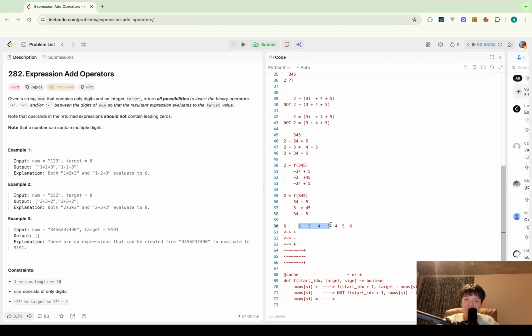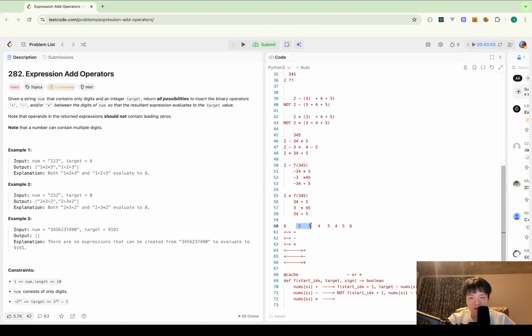So I'm wondering if it is possible that I try to find the first chunk in each DP. Yeah, like, no. So let's say I have 2, 3.